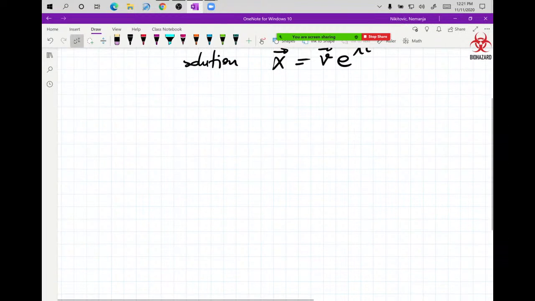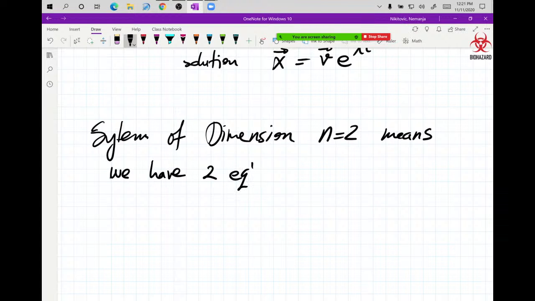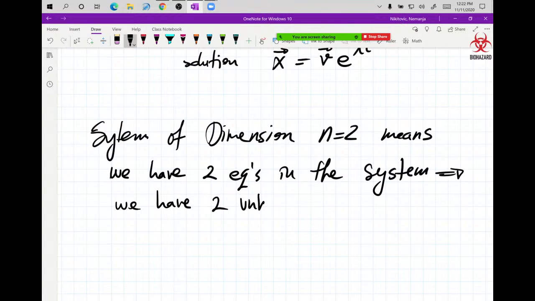So when the system is of dimension n equals 2, it means we have 2 equations in the system, which in turn means we have 2 unknown functions, usually x of t, y of t, or x1, x2, whatever you want to call them.